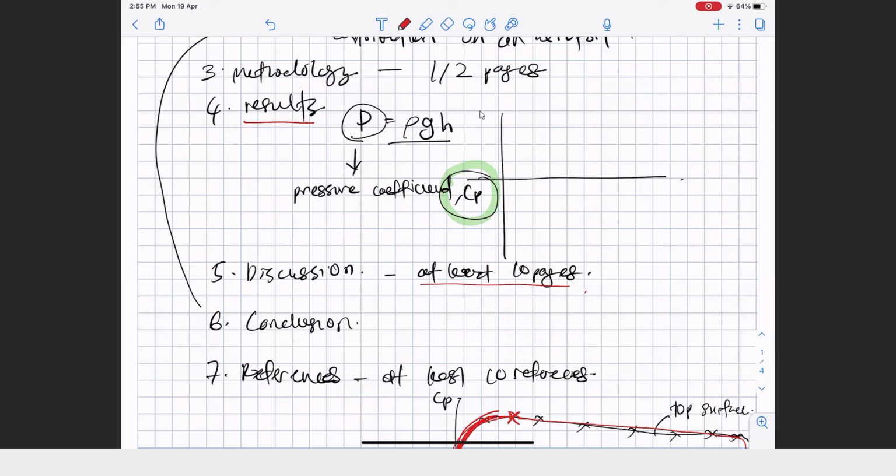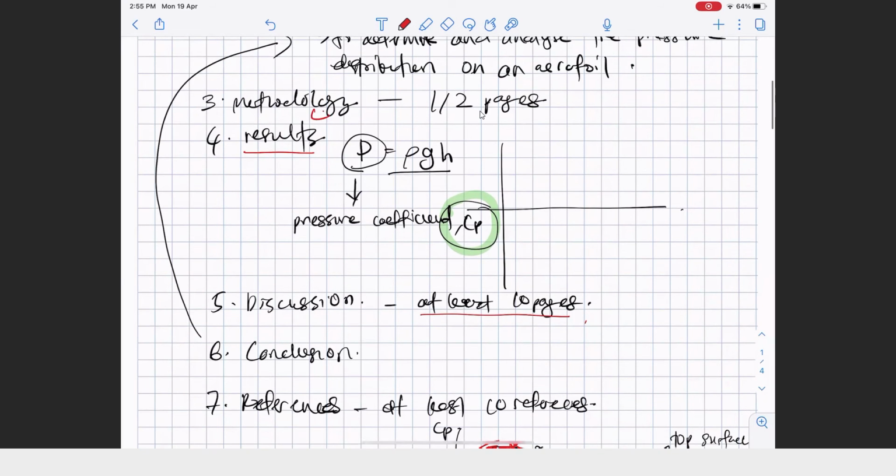But I need you to write it in paragraph. So no more point 1, point 2, point 3. Now this is a proper report. So write it in paragraphs.